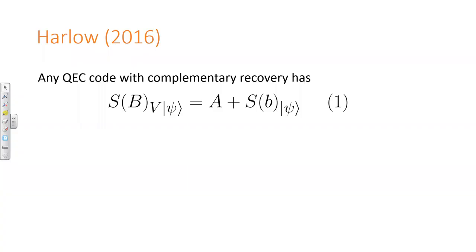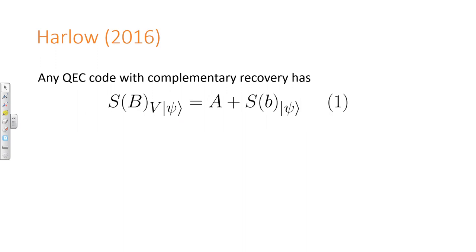So we're abstracting away this idea of complementary recovery, completely forgetting about gravity and just thinking about the quantum error correction properties. And then what he showed is that any such code will obey a formula that looks very, very similar to the quantum minimal surface prescription that I showed before.